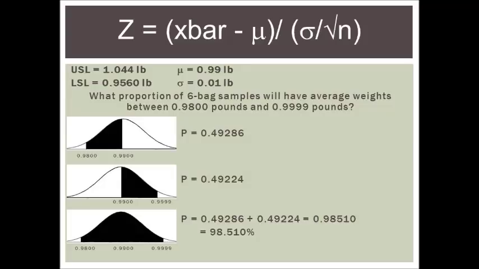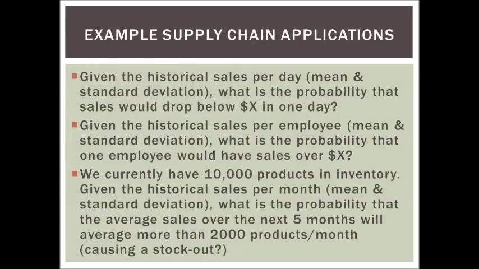So here are some examples of places where you might use these calculations. You might have historical sales per day, so a mean and standard deviation that are probably taken from a control chart. And you might want to know, well, what's the probability that sales would drop below a certain dollar amount in one day?